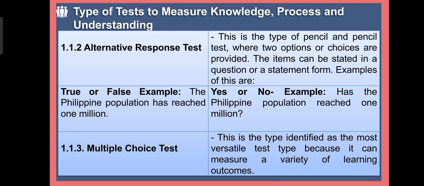For example, one option could be true and the other is false, or one option could be yes and the other is no. The purpose of this test is to measure your ability to make decisions based on limited information. An example of a question might be, has the Philippine population reached 1 million? And you would select either yes or no as your answer.